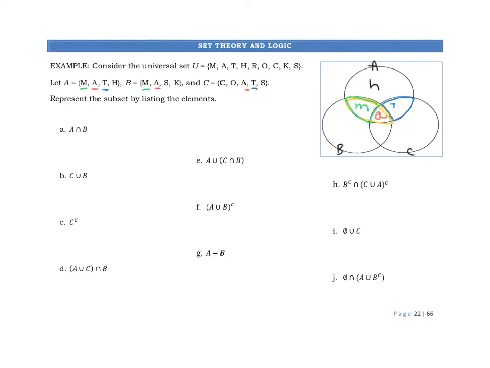All right, so now let's look at this region here. Is there an element that's in both B and C, but it's not in A? Well, it looks like the s for both of those. Okay, and then it looks like the k is in set B, but it's definitely not in anything else.